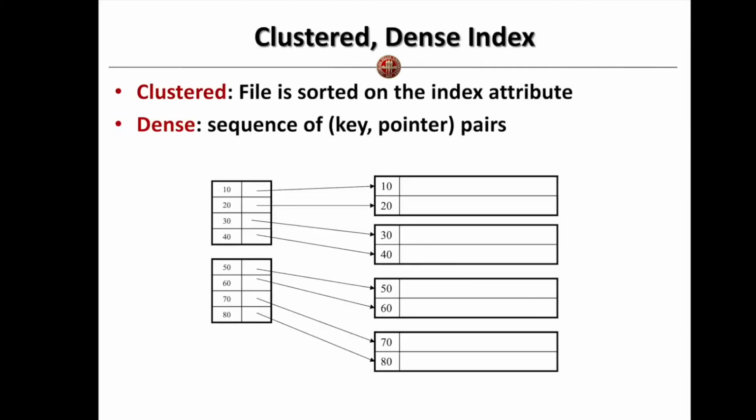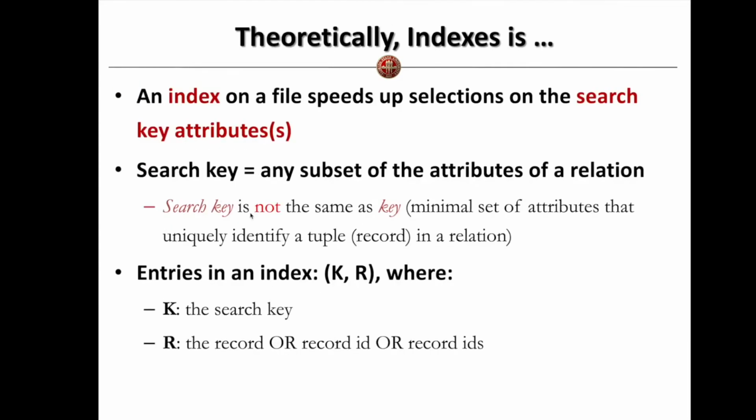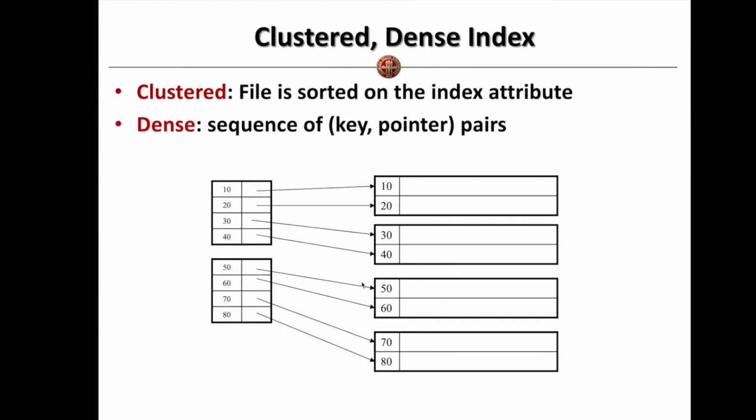We'll provide you with some concrete examples, the clustered and dense index tables. Here, the left-hand side denotes the index table. Inside this index table, we have a bunch of entries. Each entry is represented as a tuple, with both the search key as well as the record or the record ID.